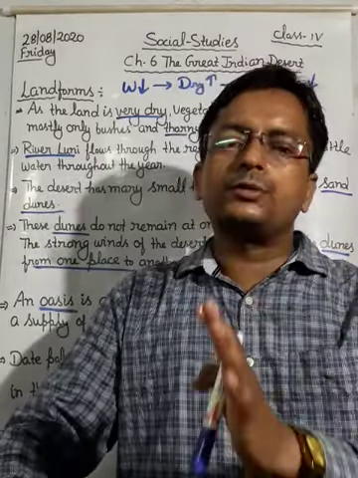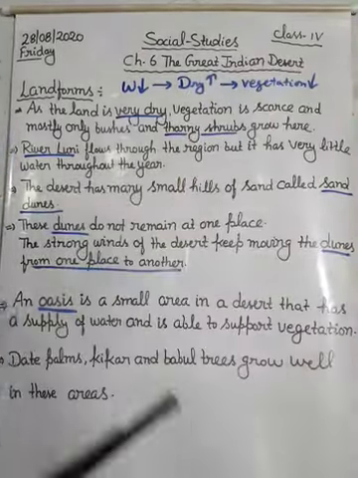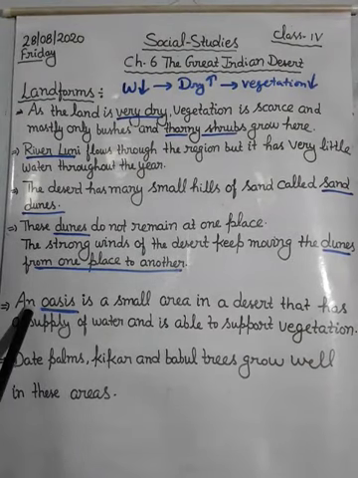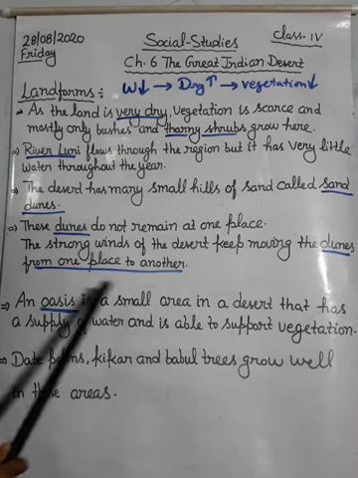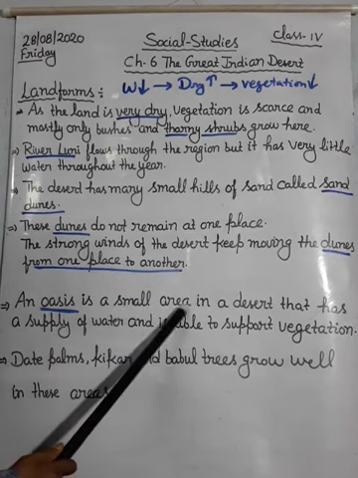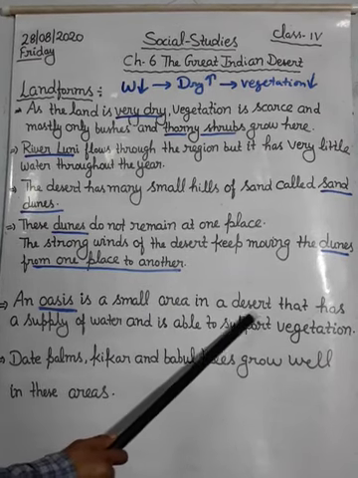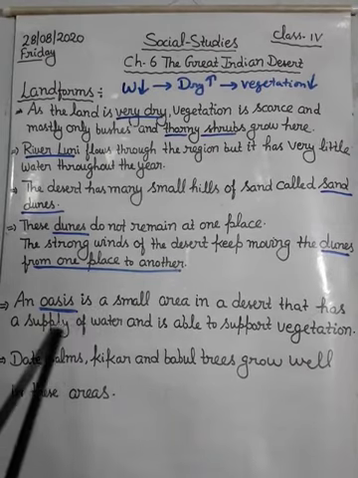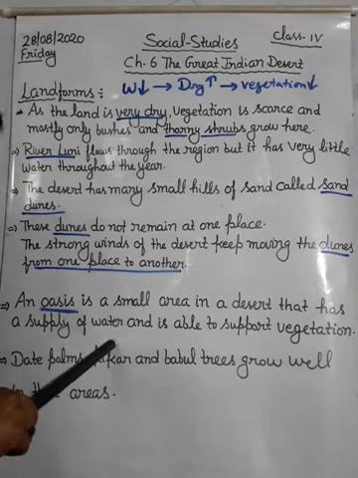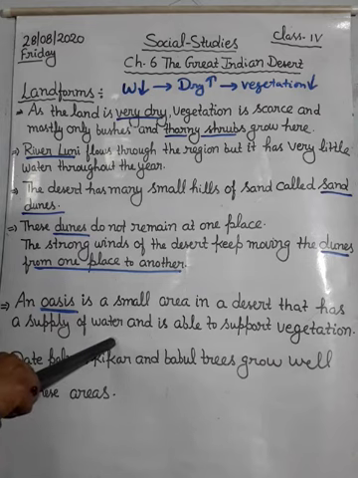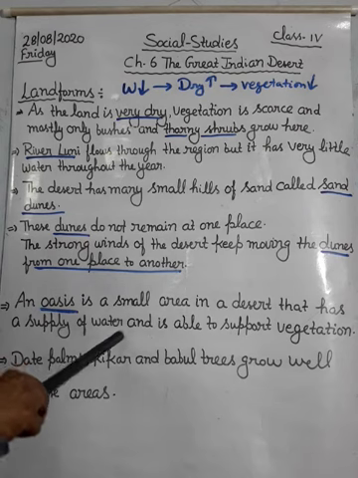Where there is no hope, there is some hope. So you can see here, an oasis is a small area in a desert that has a supply of water. The remaining part of the desert is still dry.